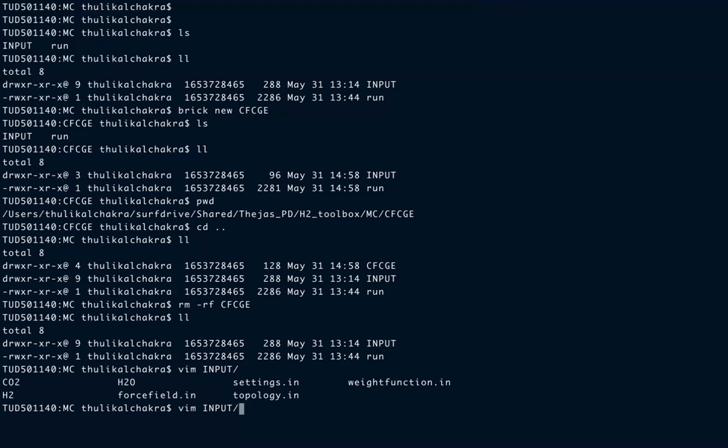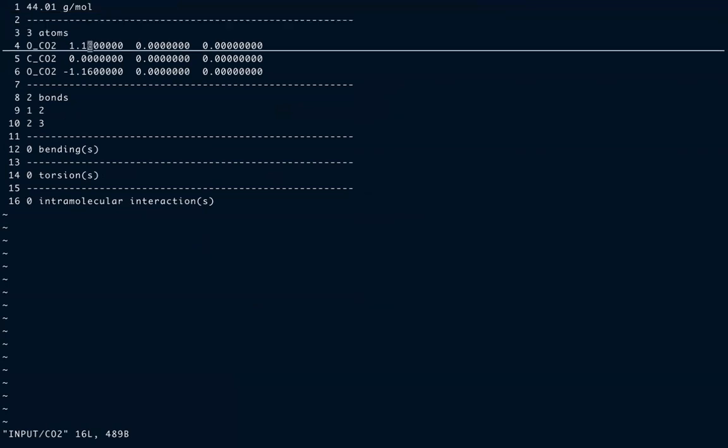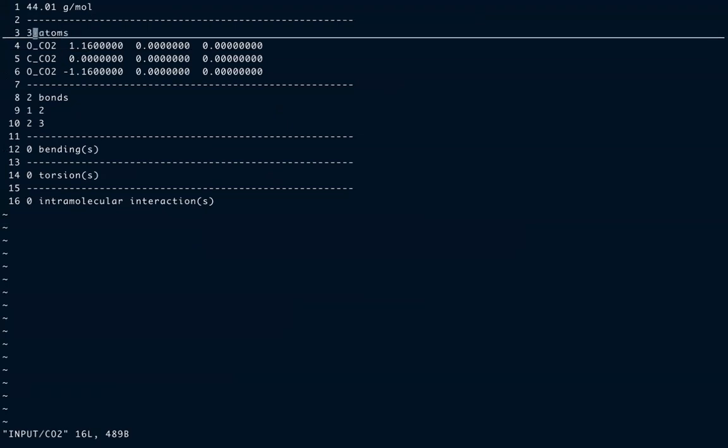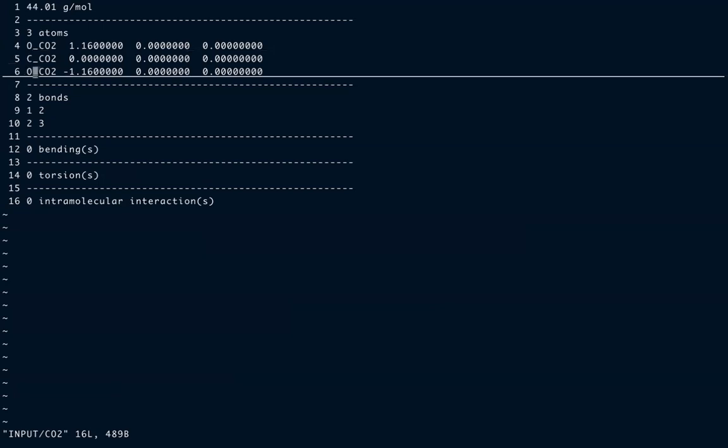Now let us go through what are the various files within the input. The first thing to do is to let Brick know the geometry of the CO2, or the carbon dioxide, file. This is very similar to LAMMPS. In the first line, you mention what is the molar mass in grams per mole, and that is 44.01. You can say that CO2 has 3 atoms, which is oxygen, carbon, and oxygen.